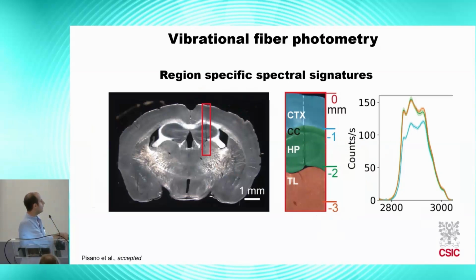So you see on the left a slice where we have done the measurement in the whole brain and then performed the sectioning in collaboration with the KSIC. And here is the footprint of the probe. As you can see, it is very small. You can barely pick it out. And if you look at the spectra extracted from the cortex, the hippocampus, or the thalamus, you see that there are spectral differences. These are due to the different protein and lipid content.